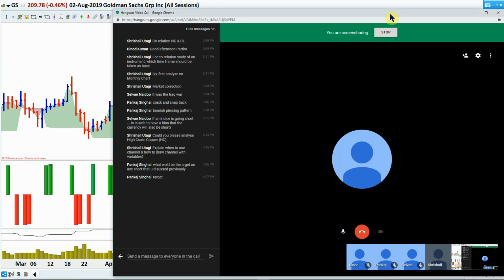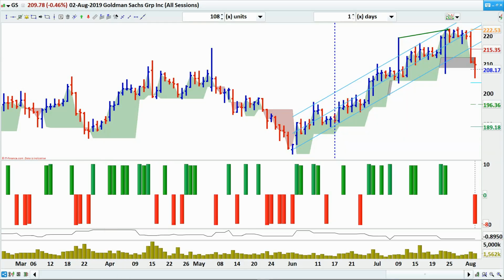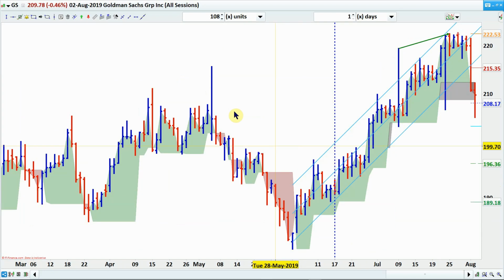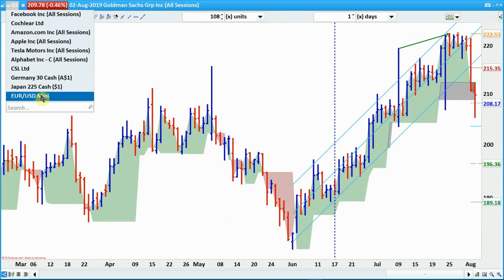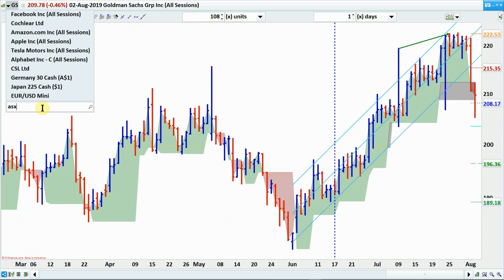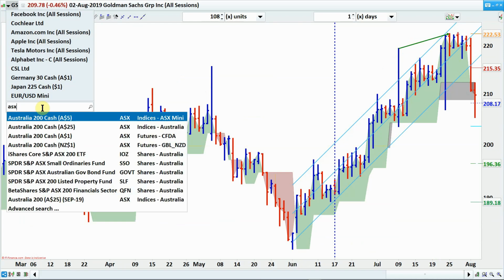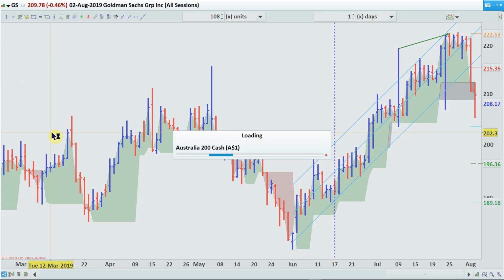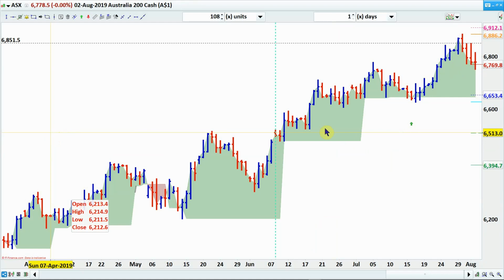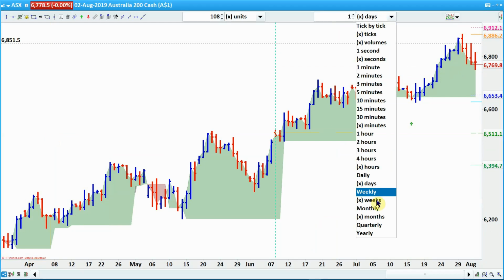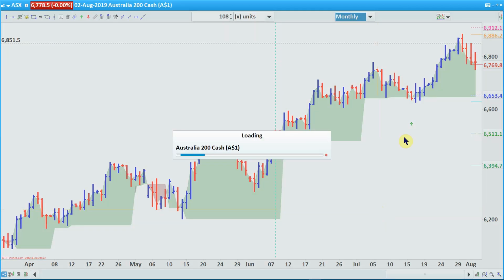So let's see ASX. Maximize price, and then do ASX. So start with monthly.